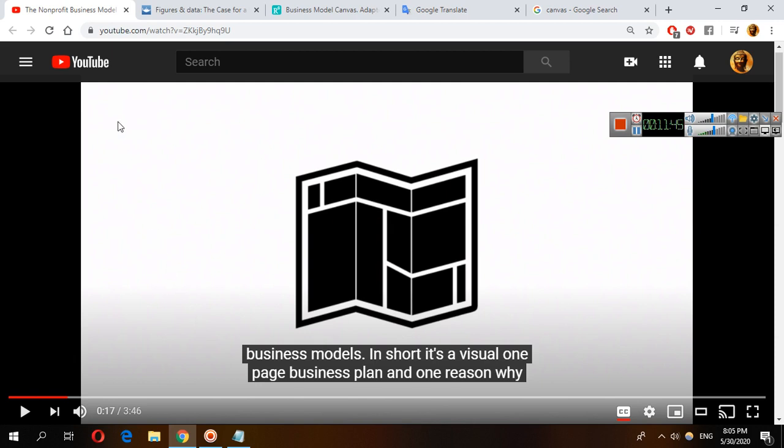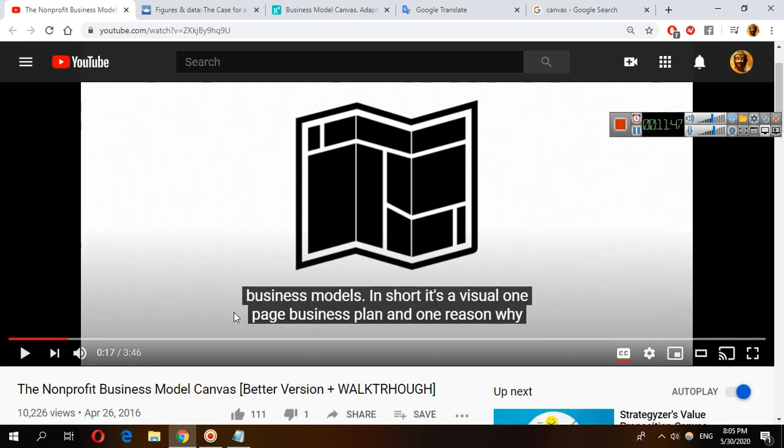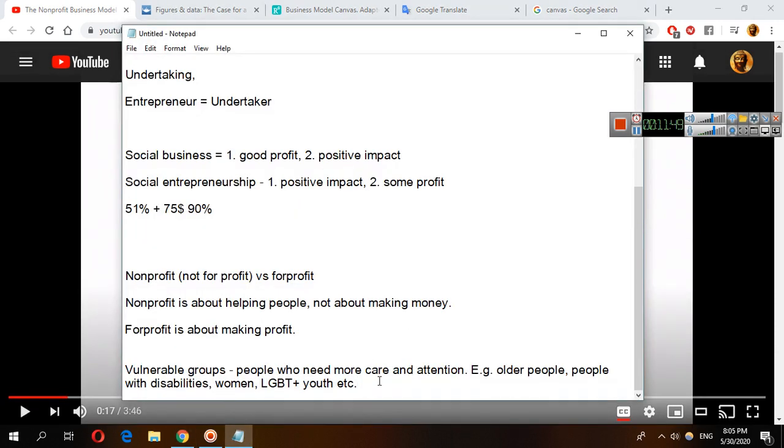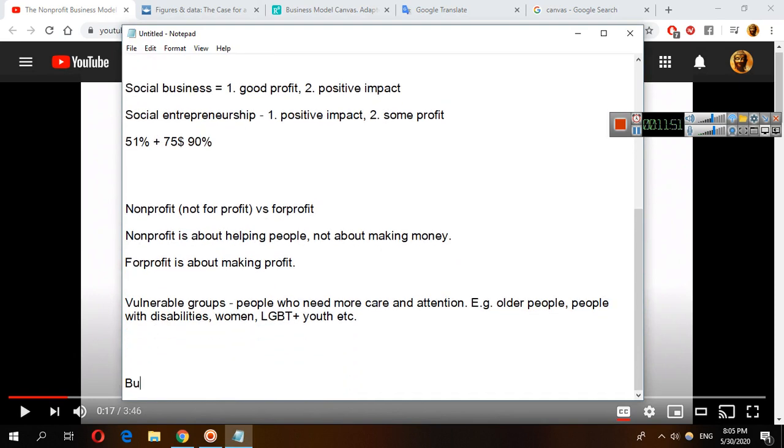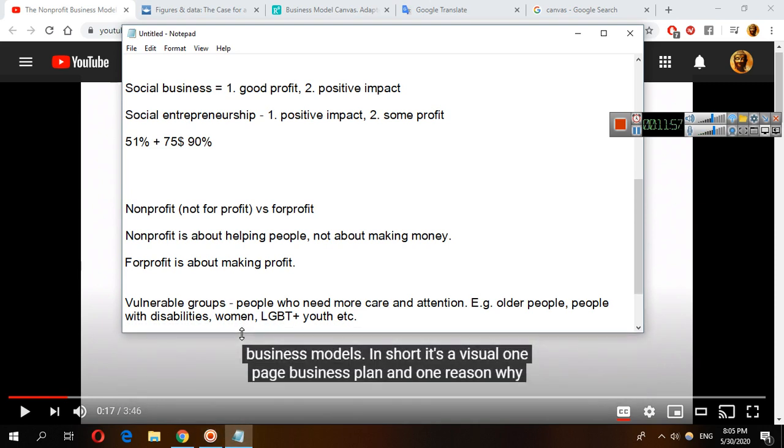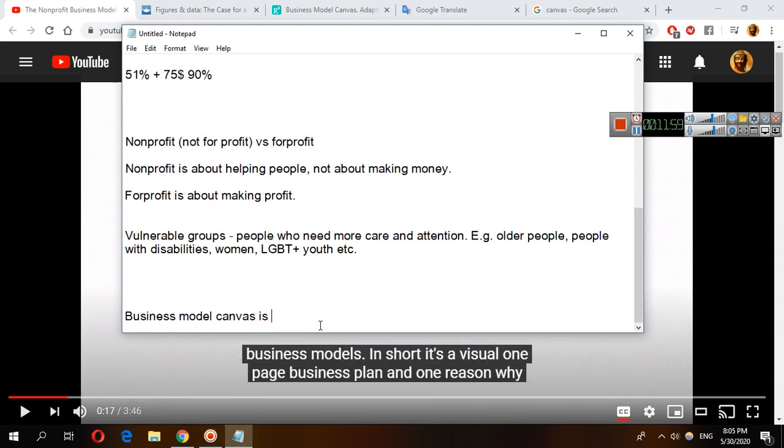What is a business model canvas? Business model canvas is, as he puts it, a visual, one-page business plan.